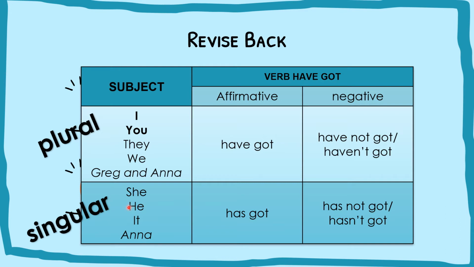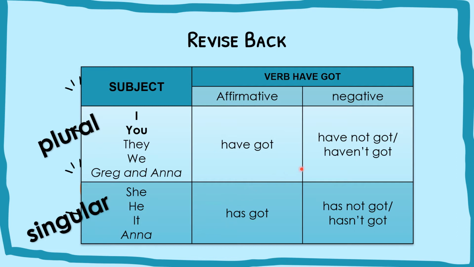Single means one. When the subject is only one, you just use the verb has got. This is the difference between have got and has got. Have got for the plural subject and has got for the singular subject.